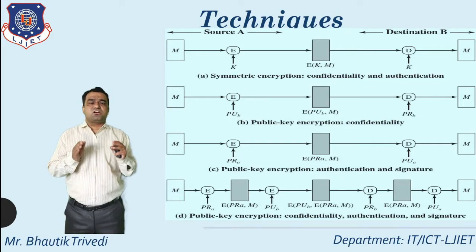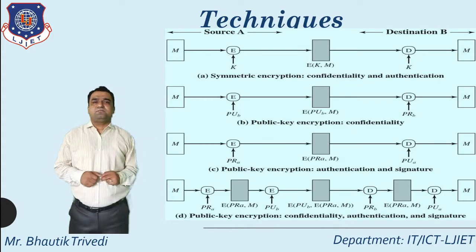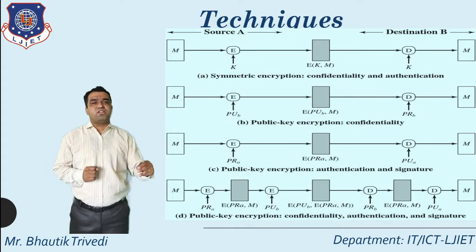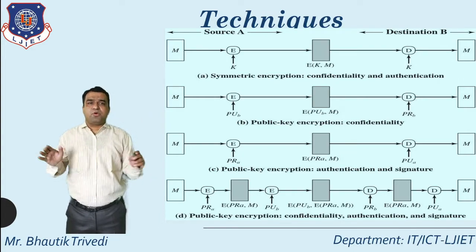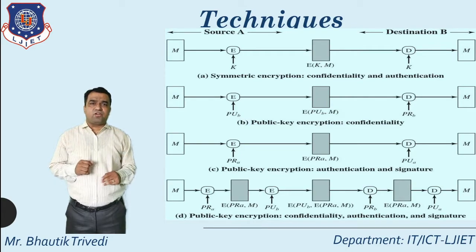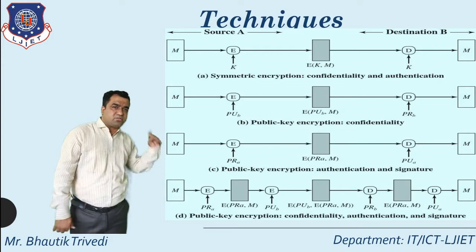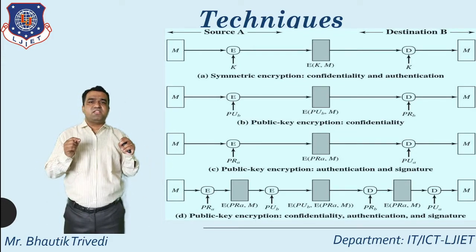So that is known as the concept of authentication and signature. After that, last one, if I apply confidentiality, authentication and signature within one particular diagram. So the diagram for that, first of all, the message is there. Then you apply the encryption algorithm on that using which key? So private key of the sender.